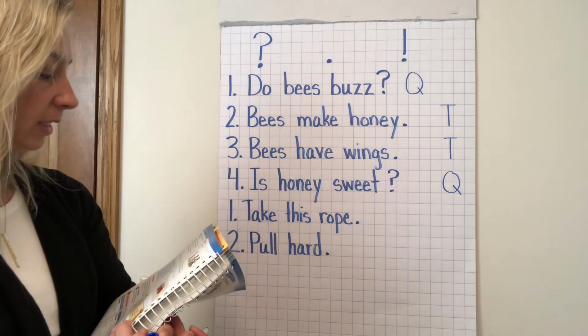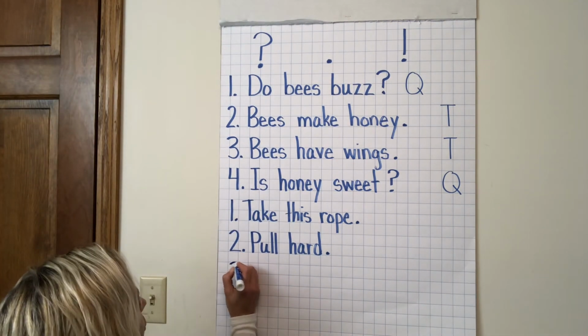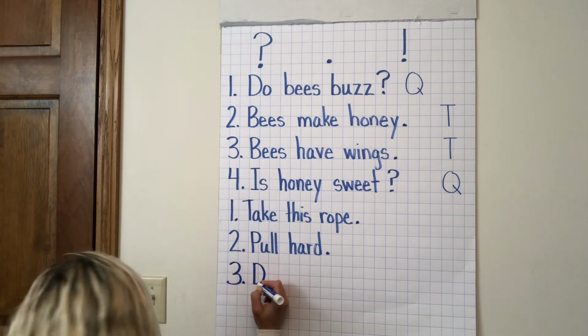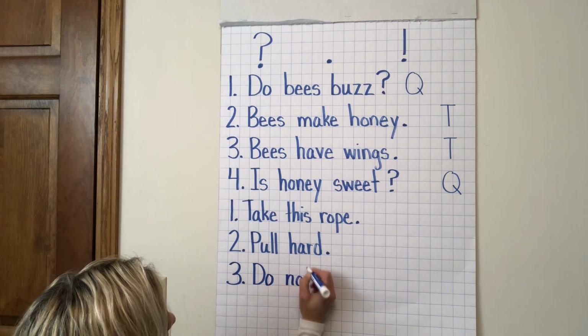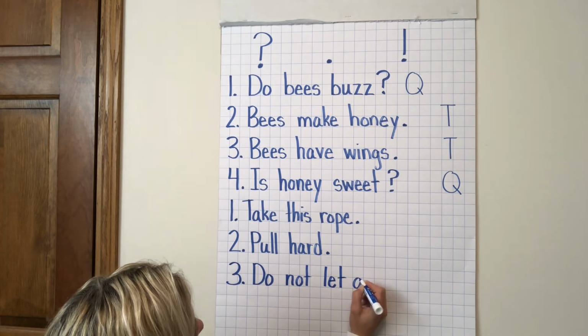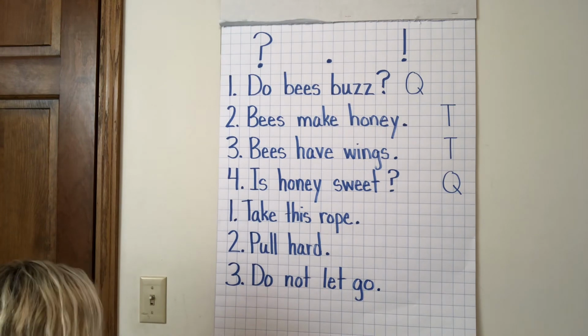What do we need to do to fix it? Okay, capital D for do. And then what do we put at the end? A period. Okay, do not let go. There we go.